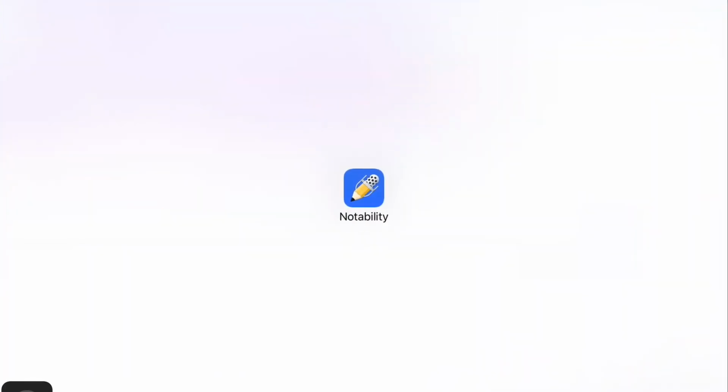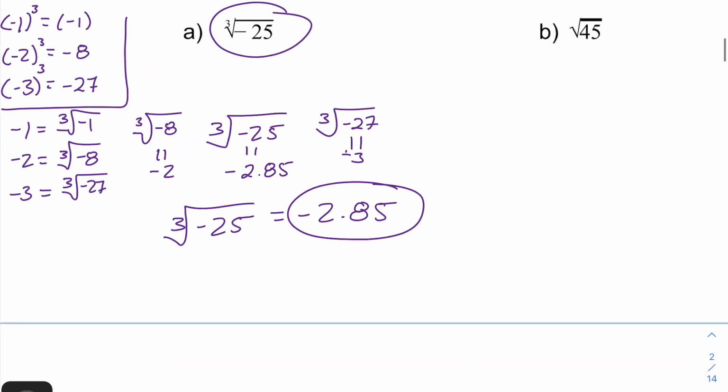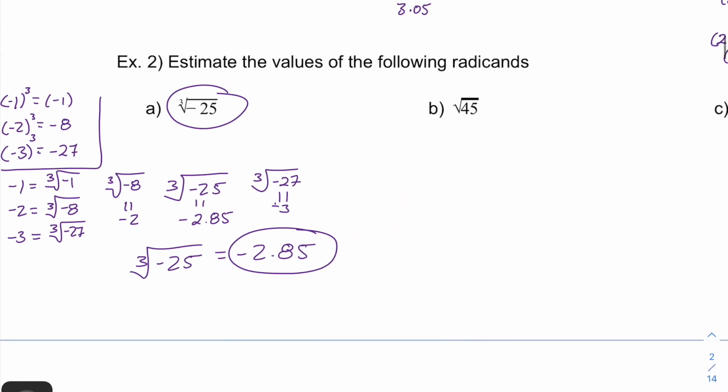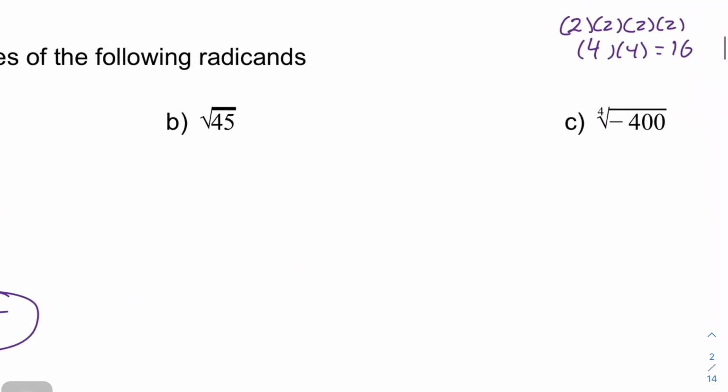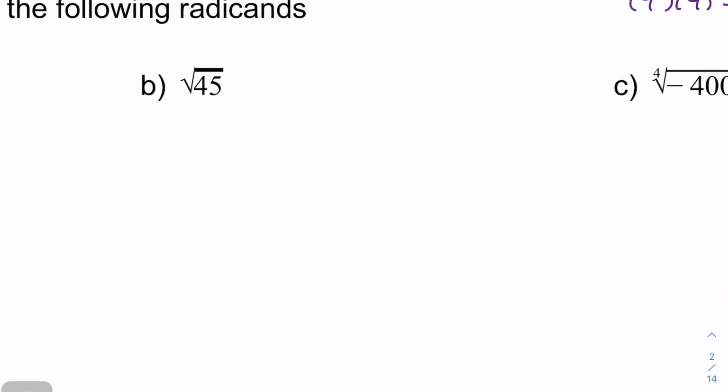Okay, so there's my estimate there. And again, if it ever tells you to estimate without a calculator and say you have a calculator around, you pretty much just want to show this method here, okay? Even if you maybe are using your calculators to find these, you want to show that you know how to estimate properly.